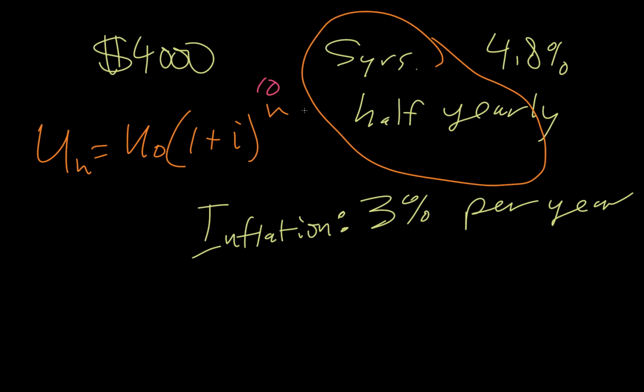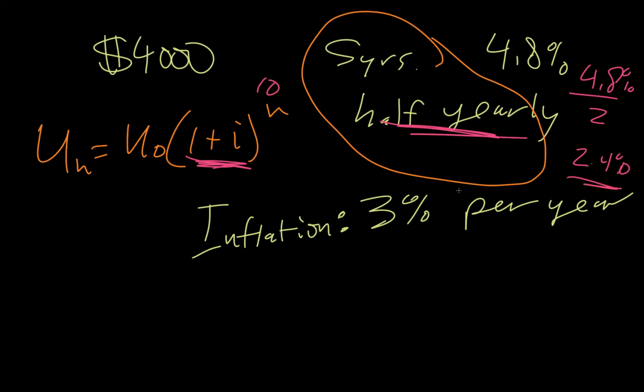Now our interest, we take 4.8% divided by 2, because once again, half yearly, and so that's going to give us 2.4%, which when we change that to a decimal and add it together, this piece is going to be 1.024. We're raising that to the 10, and our starting amount is 4,000.